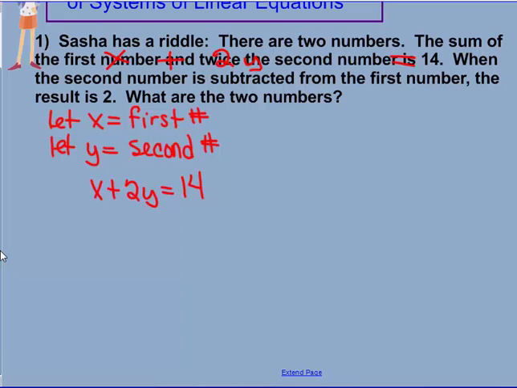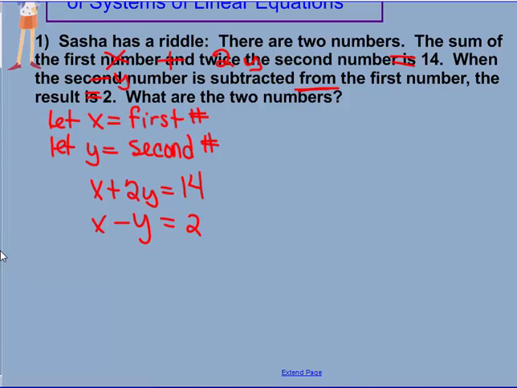When the second number is subtracted, so minus y, from the first number, so x minus y, the result is 2.